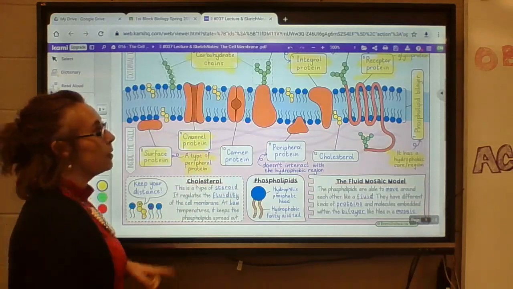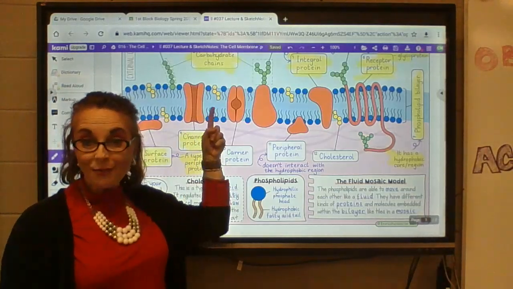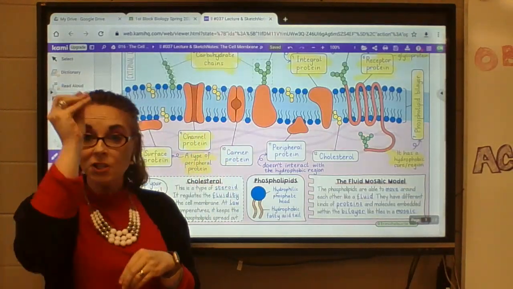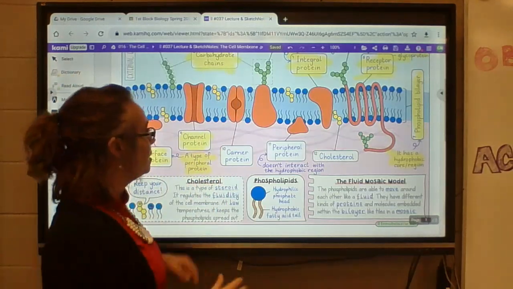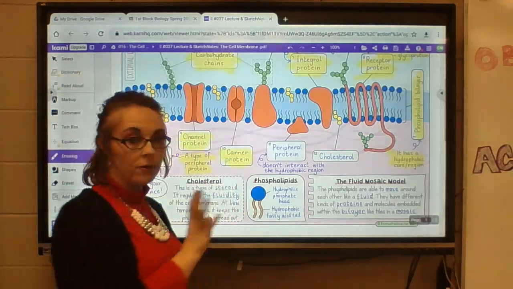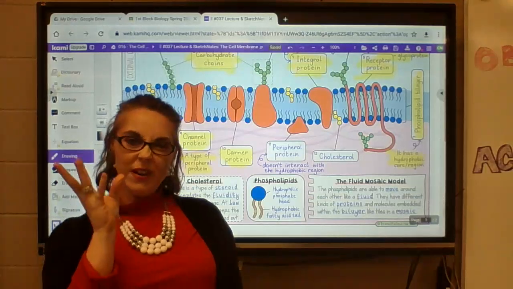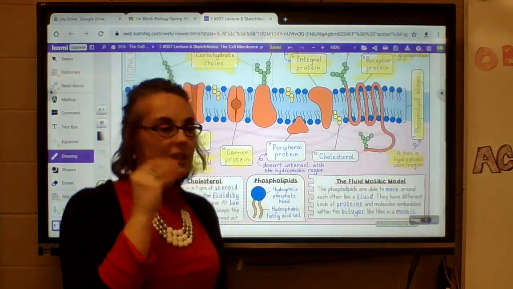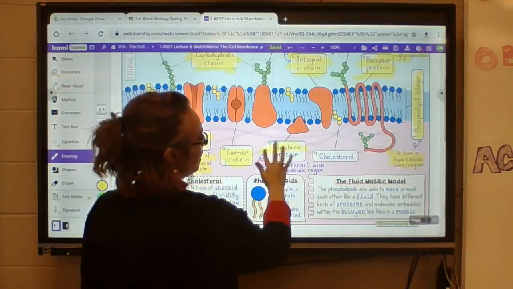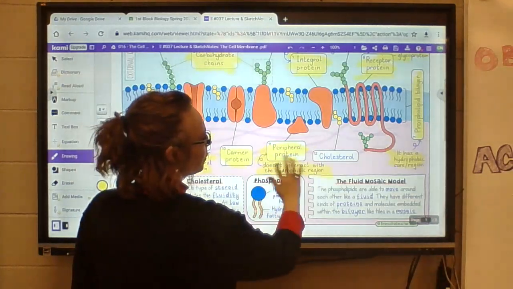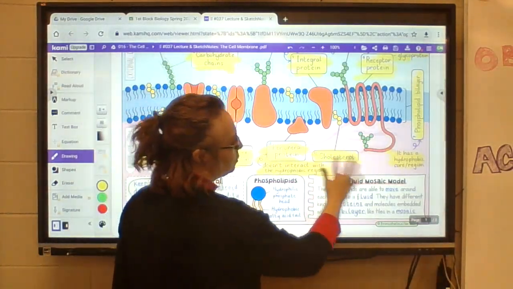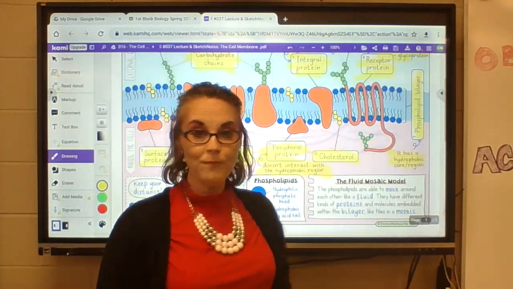We have a channel protein. Why? Because it forms a channel for things to go into the cell or out of the cell. We have a carrier protein that just provides a little bit of oomph for something to get into the cell. And then we've got a peripheral protein, and then we do also have cholesterol.